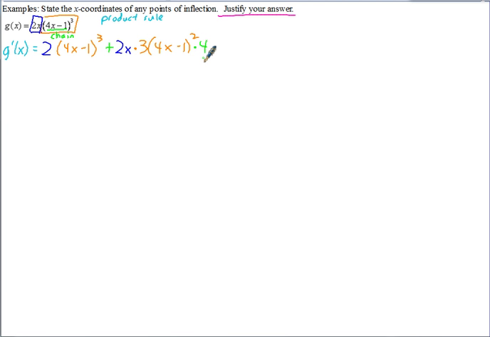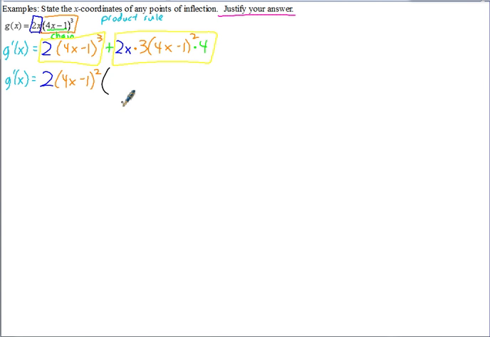But remember, our objective is to get the second derivative. So you could try to take the second derivative from here, but usually it's easier if you make the first derivative as simple as possible, to make our second derivative a little bit easier to work with. So let's just go ahead and simplify g prime. Again, the technique we can use here is factoring out the GCF. So what do those two have in common? They both have a 2 we can factor out as part of the GCF, and they both have 4x minus 1 squared. And let's see what we have left when we take that out.